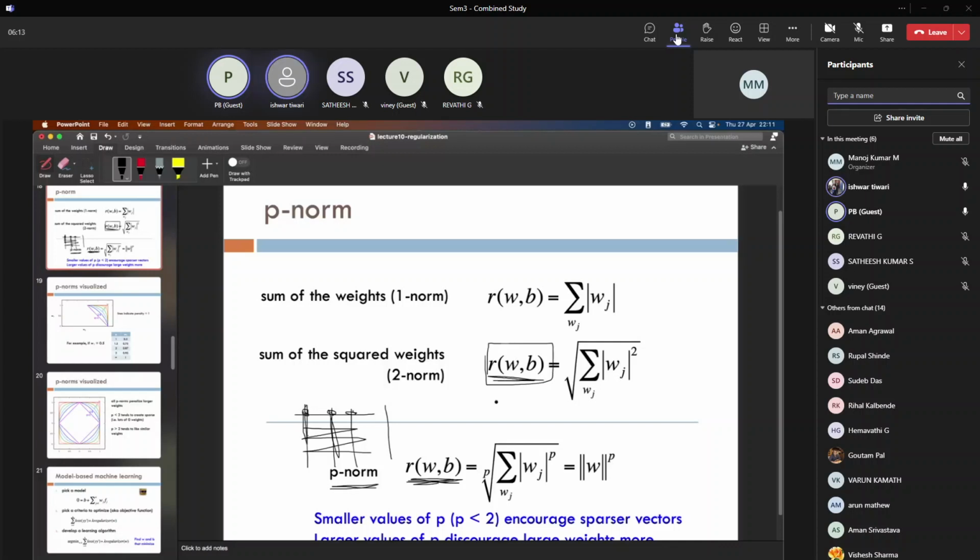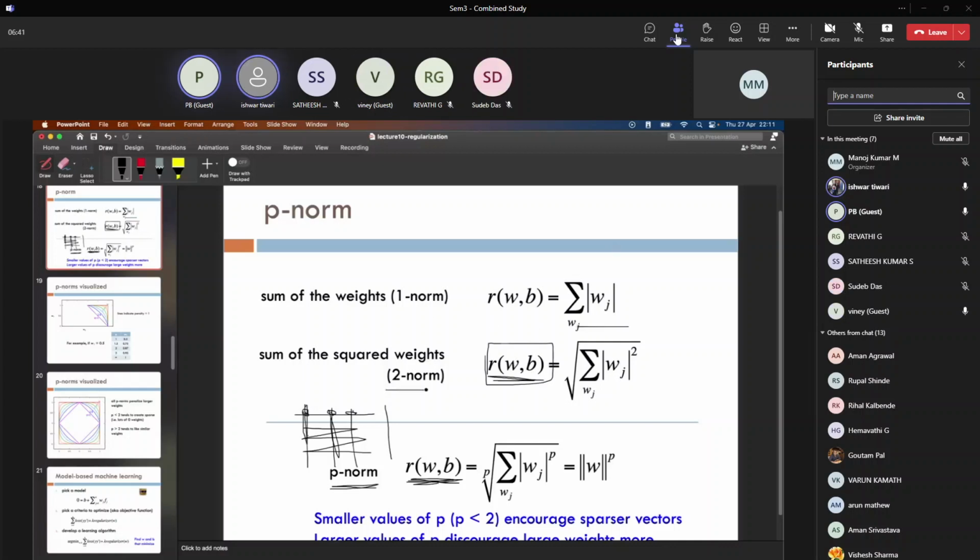We find the norm just to get a generalized idea of the error. Just note it down. It will take some time to absorb, but note that the idea of these weights is generalized using a norm. One norm will give you lasso, two norm will give you ridge regression.